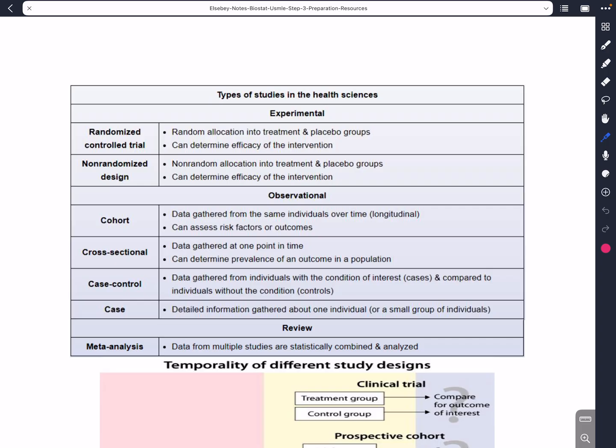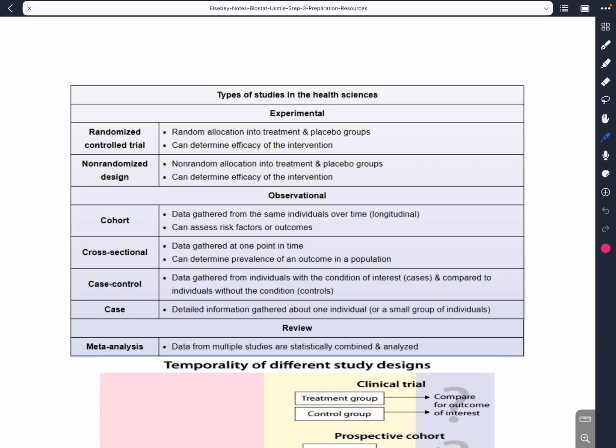Next is cross-sectional study. Cross-sectional study is when data gathered at one point in time can determine prevalence of an outcome in a population. So cross-sectional is when you gather data at one point in time. For example, you are gathering all the HIV positive results in 2019. So that would be a cross-sectional study.